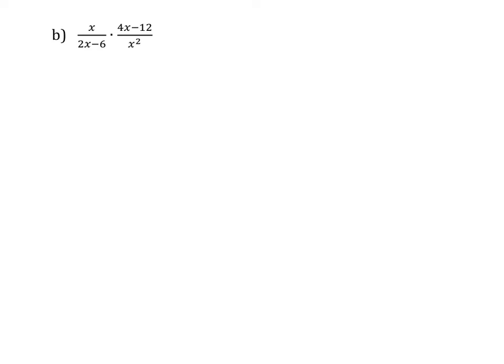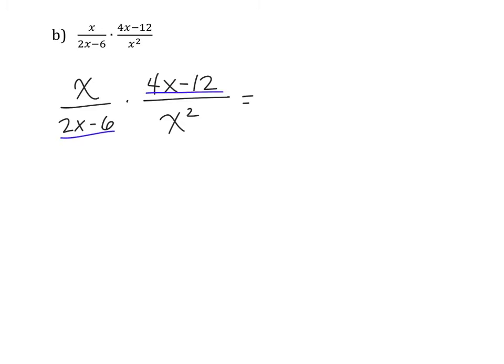Looking at this example, again, I'm going to rewrite it so it's bigger. x over 2x minus 6 times 4x minus 12 over x squared. The first step in the other one was to factor, right? So I'm actually going to factor these two just to see what I might get, because there's probably going to be something that I could cancel out. 2x minus 6 is divisible by 2.